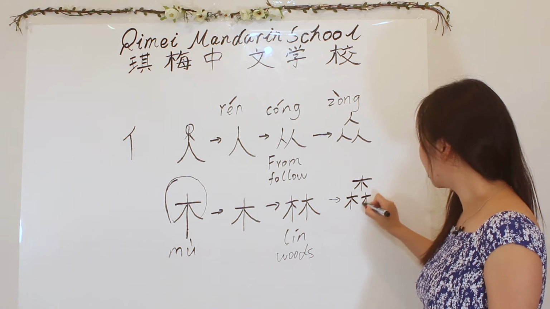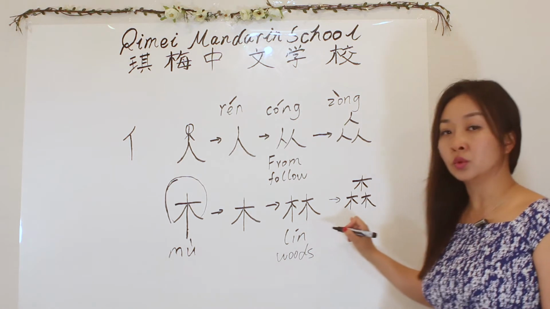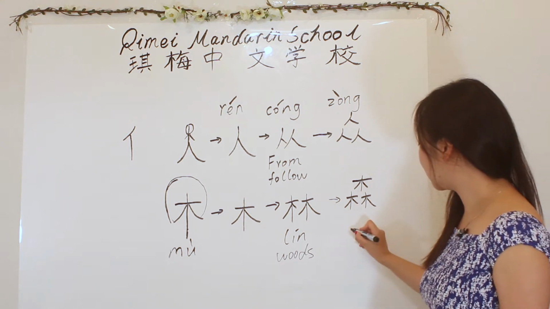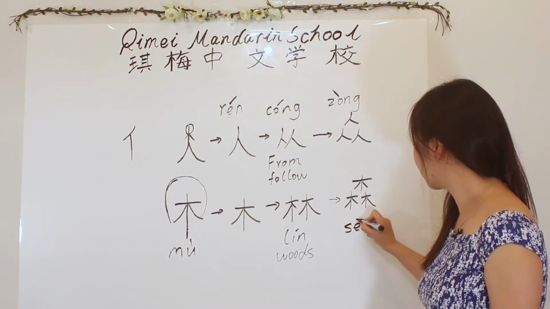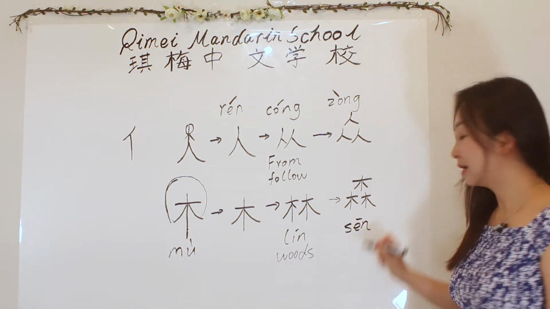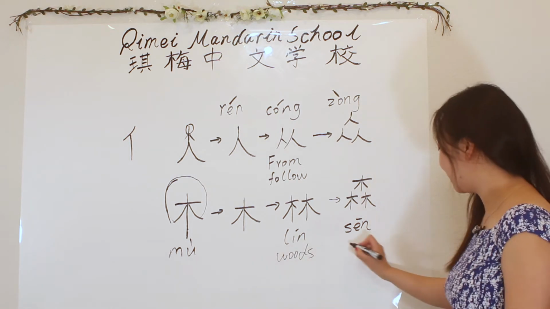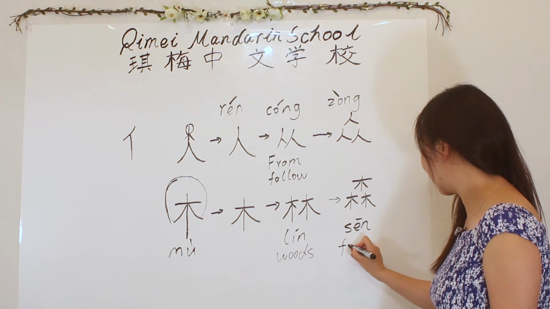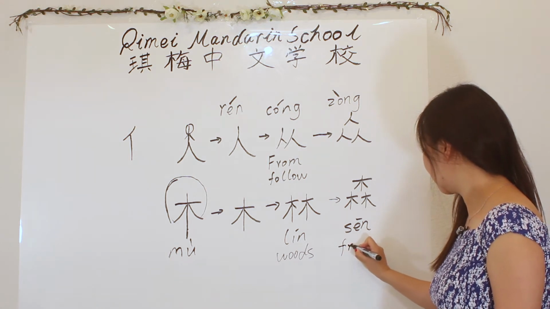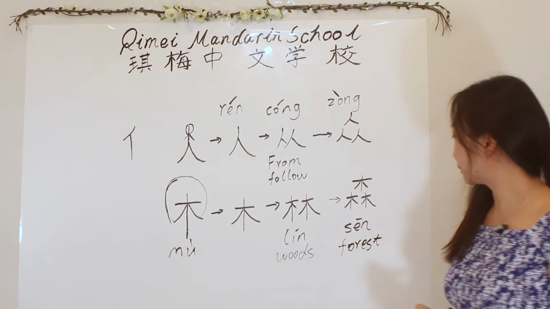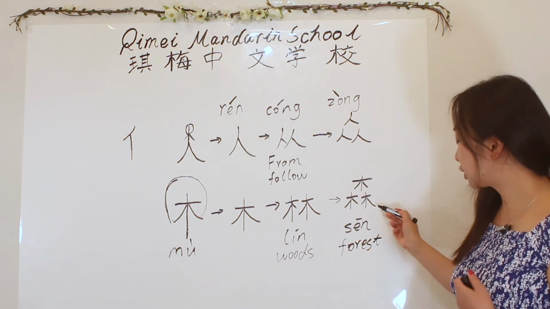So now we have three trees together. So this one, we call it 森. So 森 means forest, right? So it's very clear. Forest. So 森 means forest.